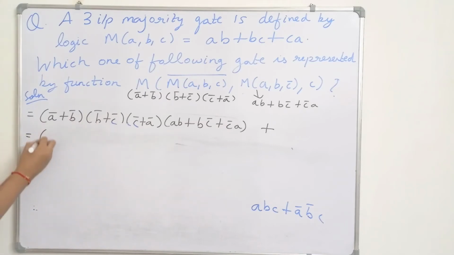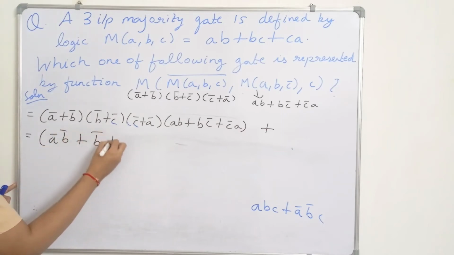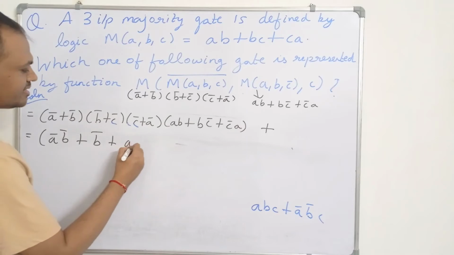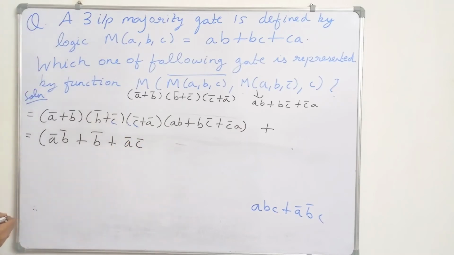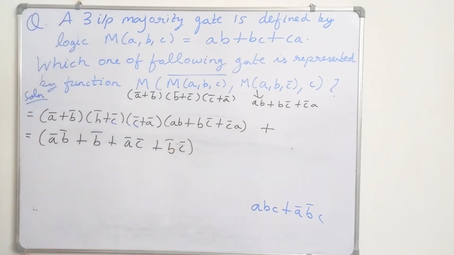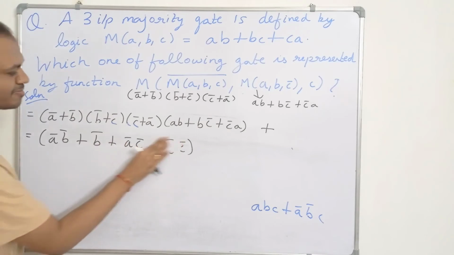This will give you A bar B bar plus B bar, because A bar into B bar will be A bar B bar, plus B bar into B bar will be B bar only, plus A bar C bar plus B bar C bar. Now if you take a look here, this is equal to B bar plus B bar C bar, so this will be equal to B bar only.